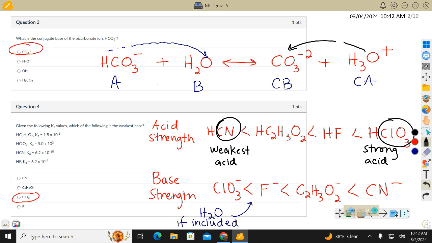And the definition of a good base is a particle that's supposed to attract hydrogen, react with hydrogen, remove hydrogen from the solution. Chlorate, not so good at that. The chlorate ion and the hydrogen split apart almost immediately. That's why it's a strong acid, but on the flip side, it makes for a pretty weak conjugate base.